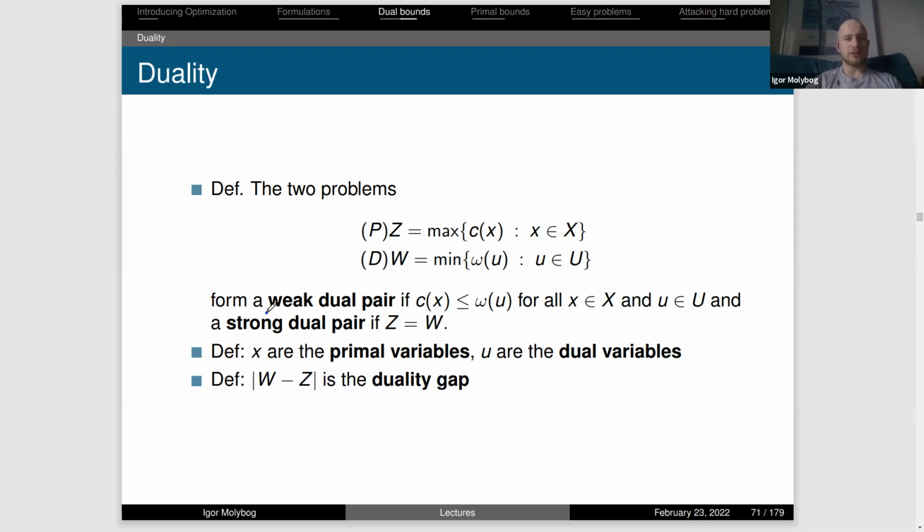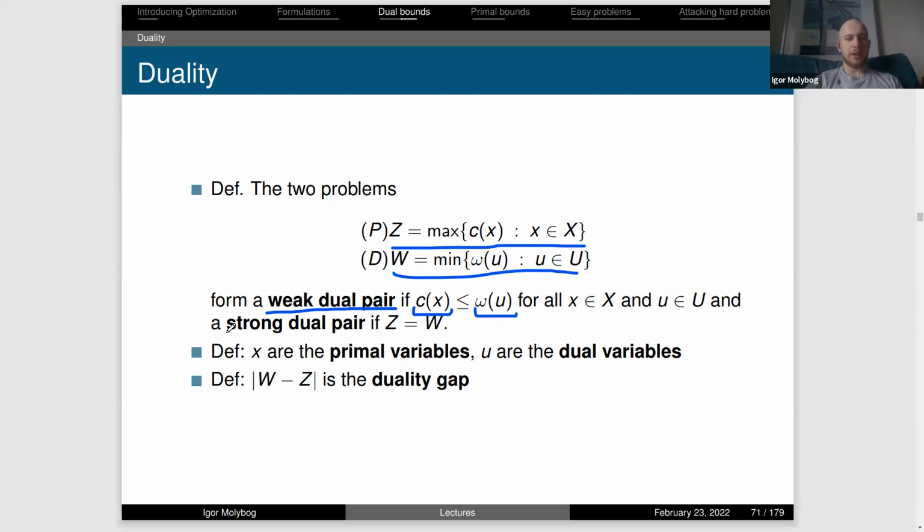We have defined what a weak dual pair is. A weak dual pair is a couple of optimization problems for which any feasible solution of one has a value less than or equal to the value of any feasible solution of the other.